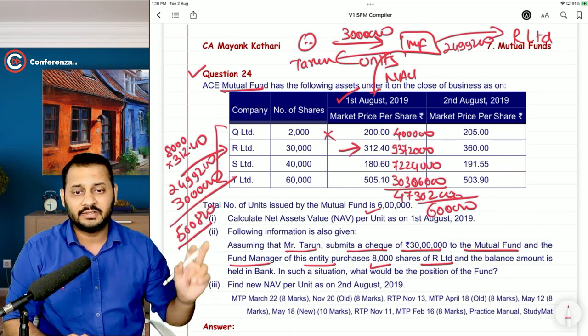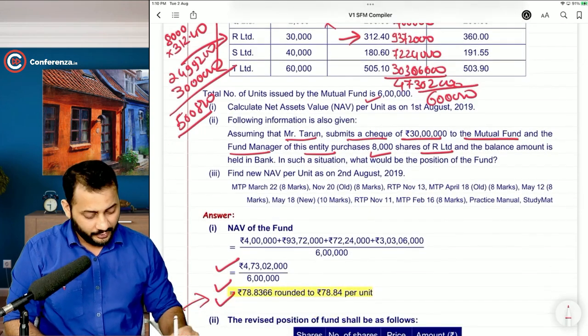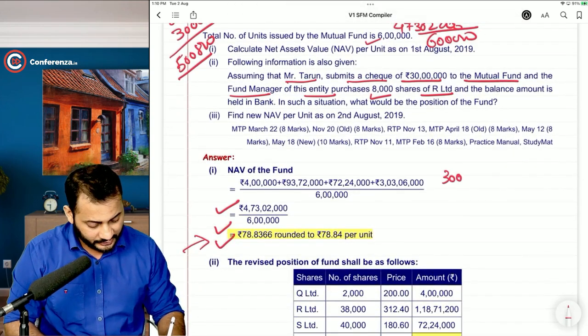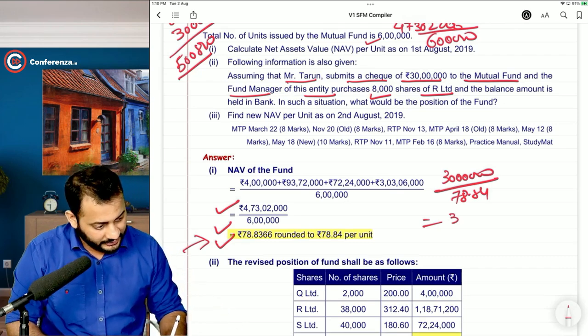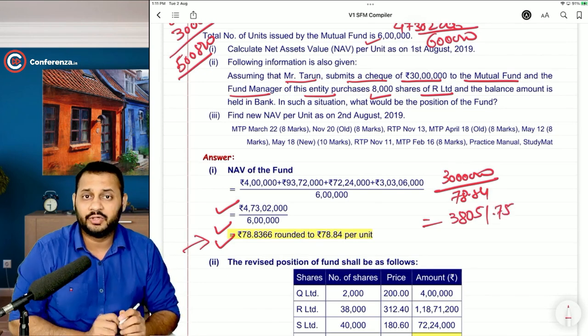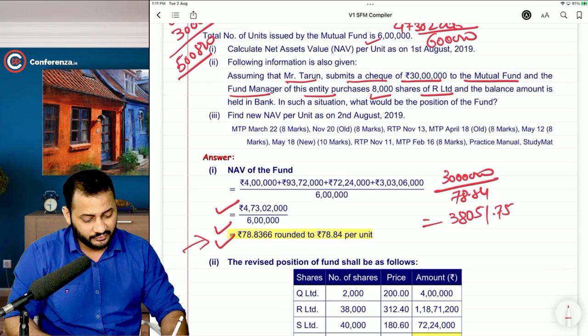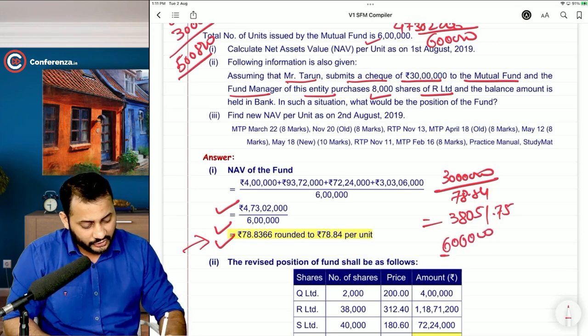So 30 lakhs divided by 78.84, if we do that calculation, you will get something. That means around 38,051.75 units were issued additionally by this mutual fund, and 6 lakhs was the opening.